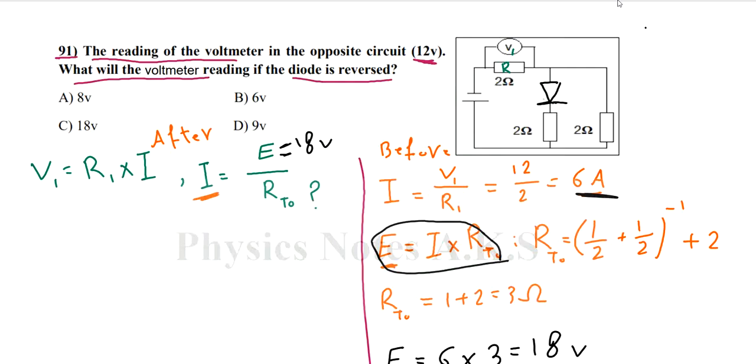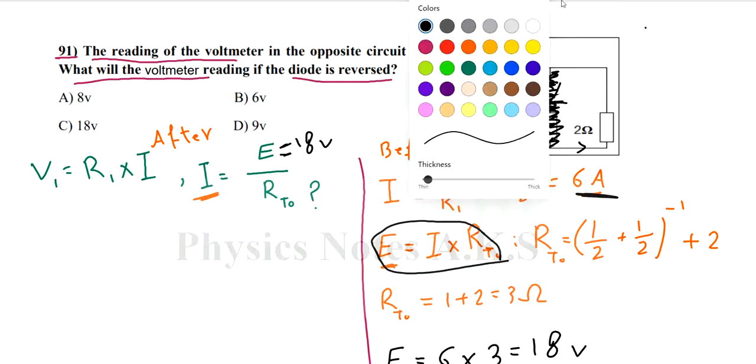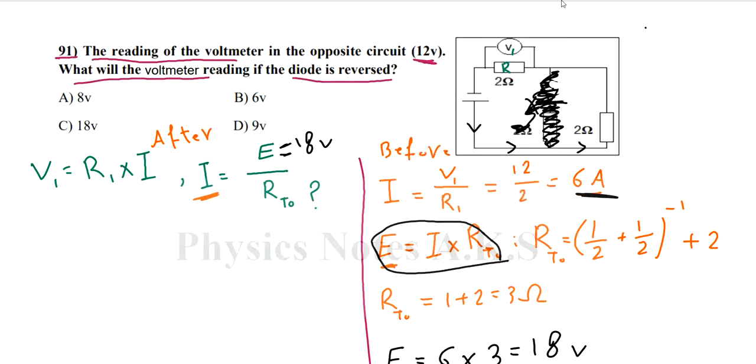The current comes from here and goes in this part, but it will not move because the diode will not allow it. So this part is deleted, like there is no resistance in this part. After reversing the diode, it's like this part doesn't exist. So this is the circuit after reversing.